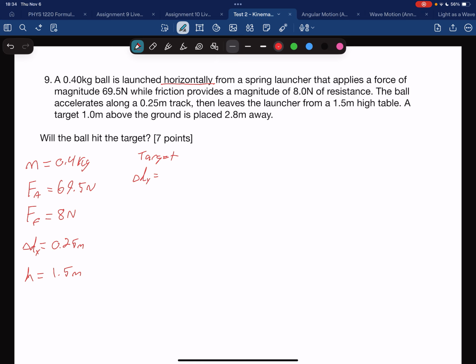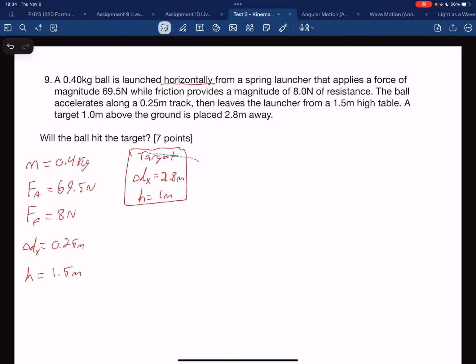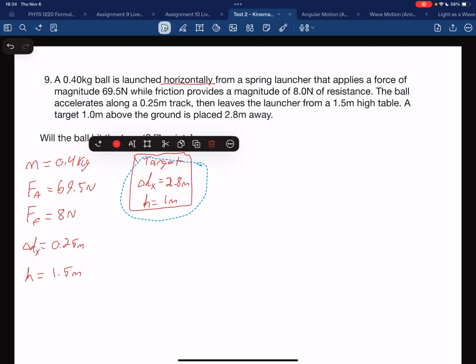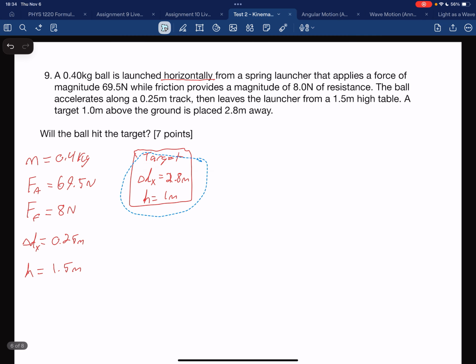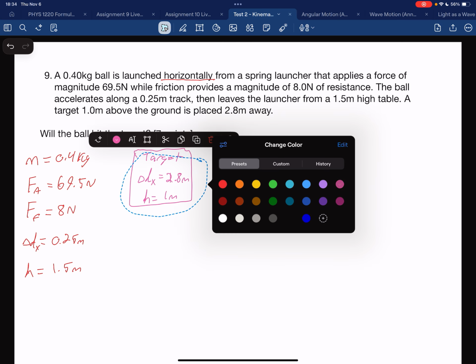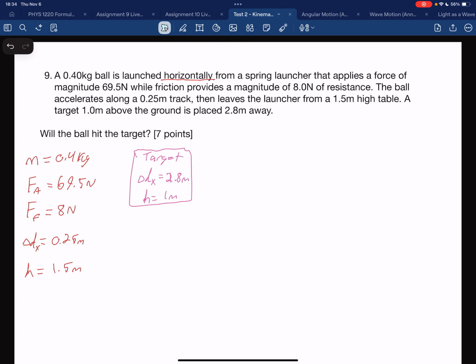Delta dx equals 2.8 meters and h equals 1 meter. So that is for the target by itself. We're going to treat that one differently by itself. I'm going to change that color to pink or something, just so it's a little different. Sorry if you're colorblind.